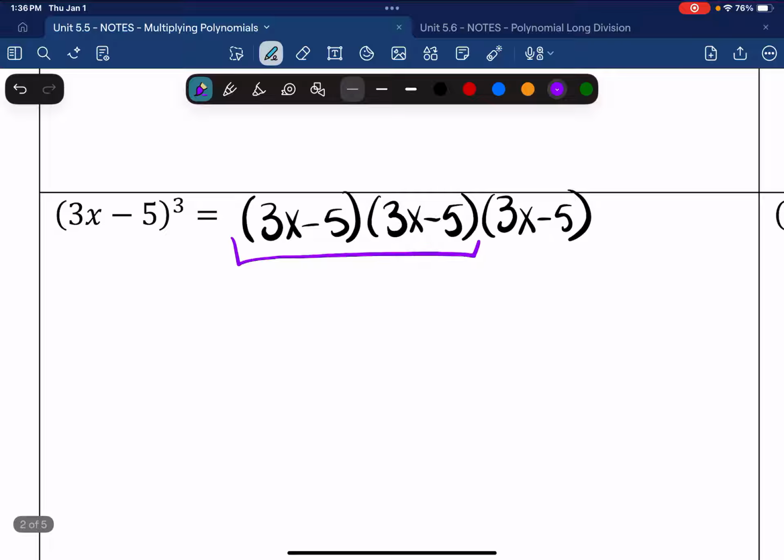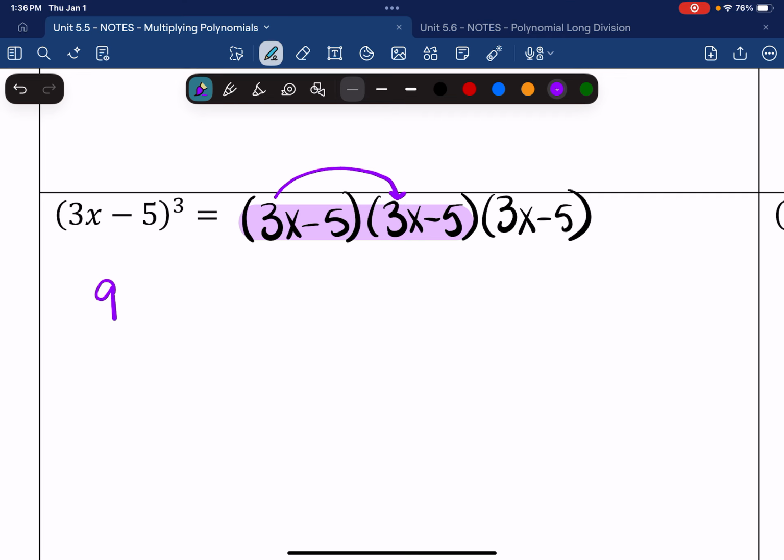Because we have to break this apart and it's a binomial times a binomial, let's just do this double distribution first. Hold on, sorry guys. We're going to multiply these two together first. Okay? So what is 3x times 3x?